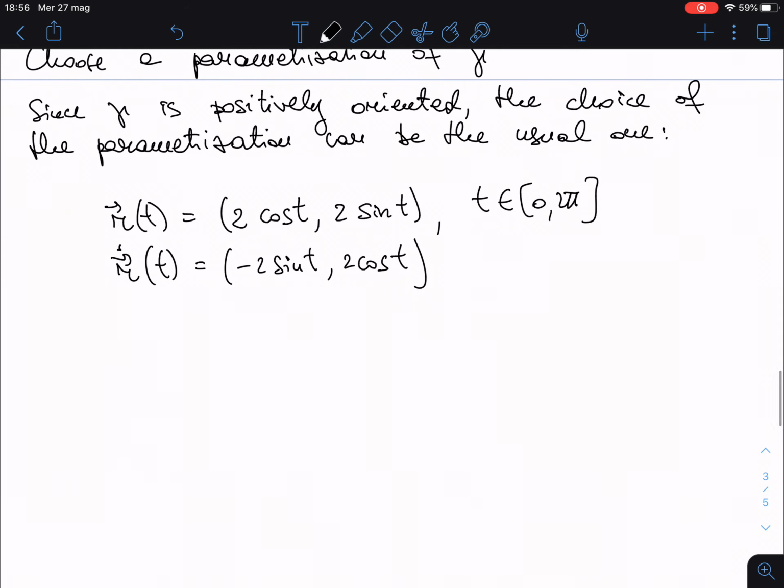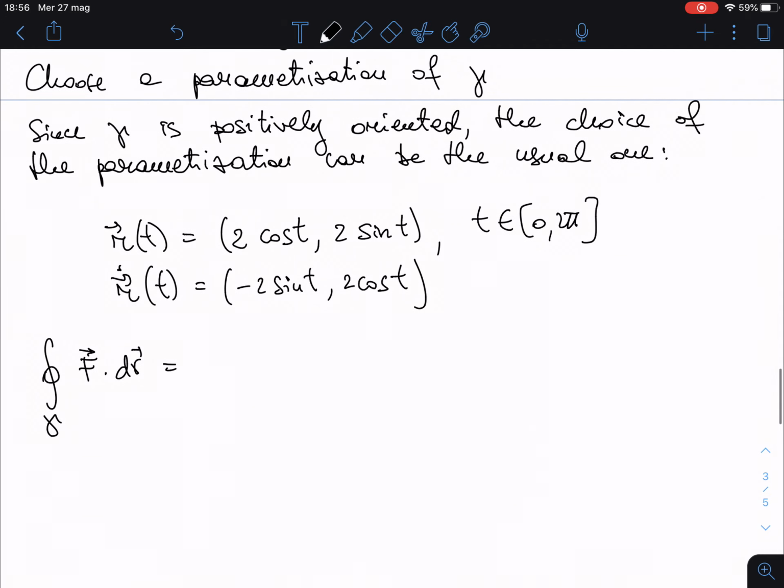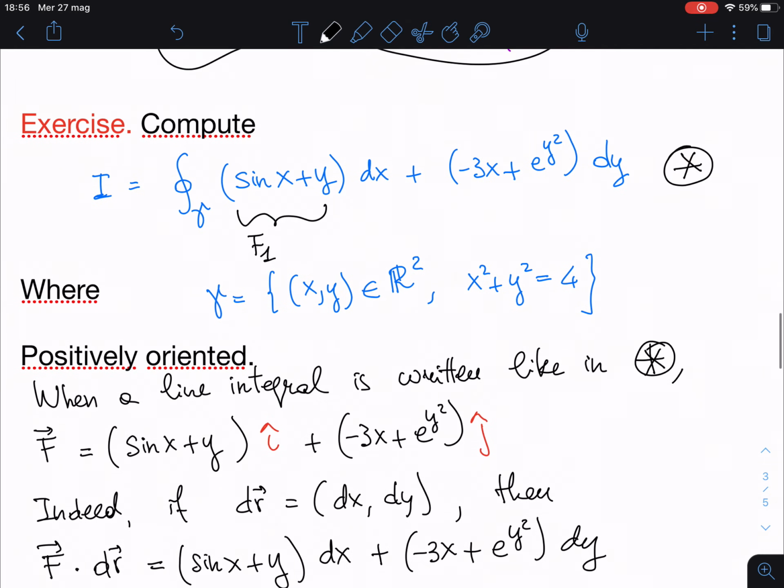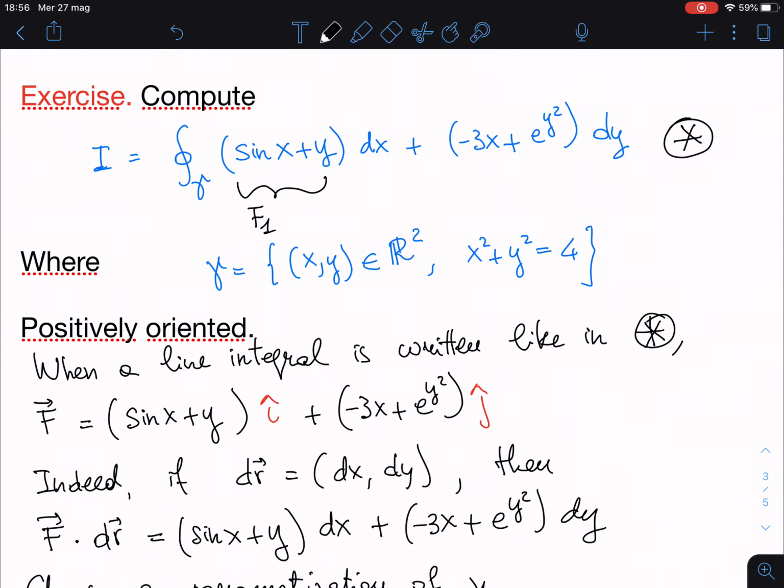And now the circulation of F times dr on gamma is equal to, let us see what happens here.